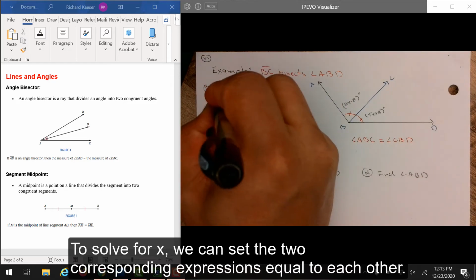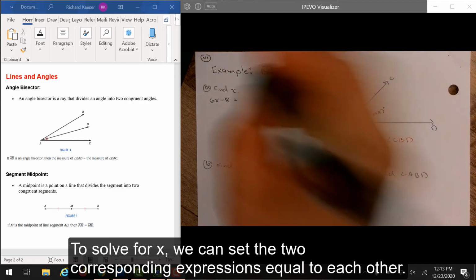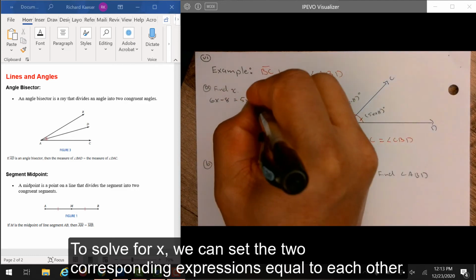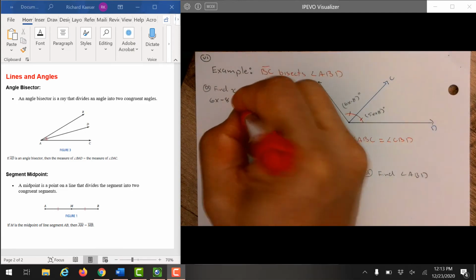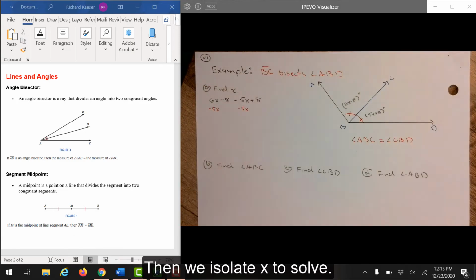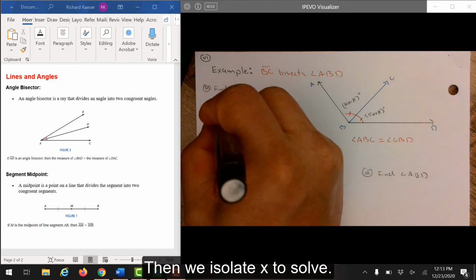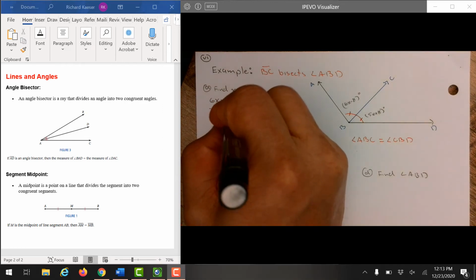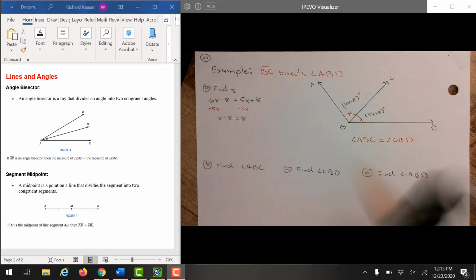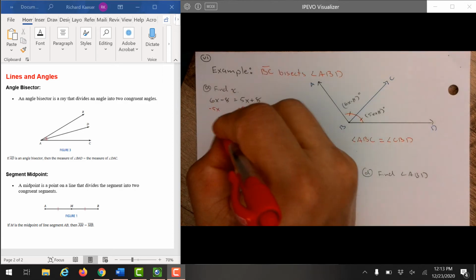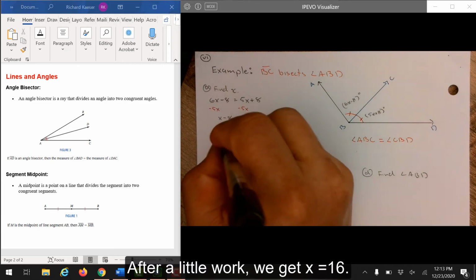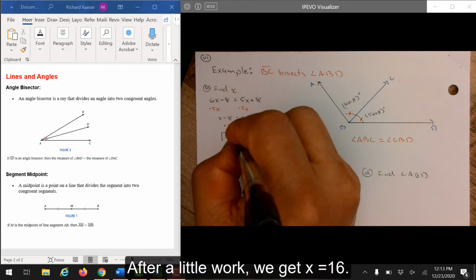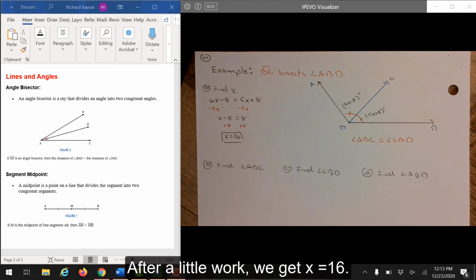To solve for x, we can set the two corresponding expressions equal to each other. Then we isolate x to solve. After a little work, we get x equals 16.